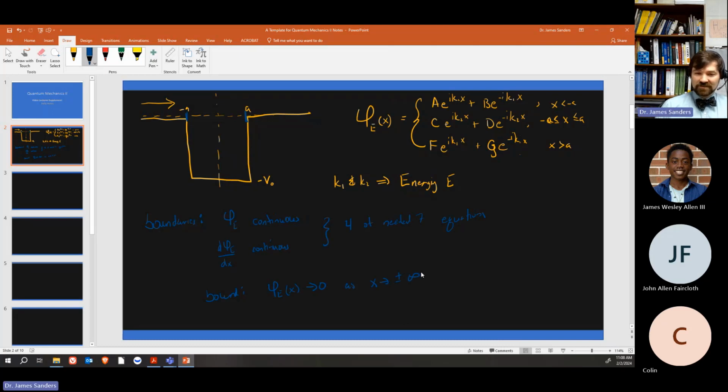That gives me 6. And then normalization gets me 1 more. And that would be it. We'd be done. The problem is that this is not a bound state.